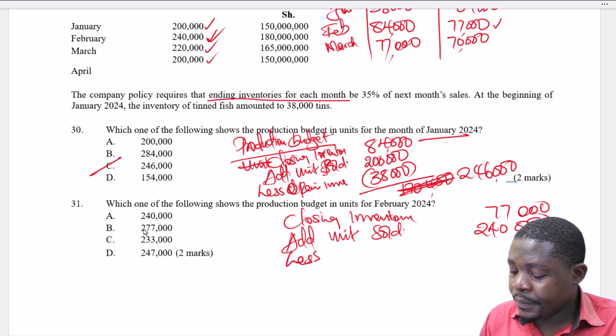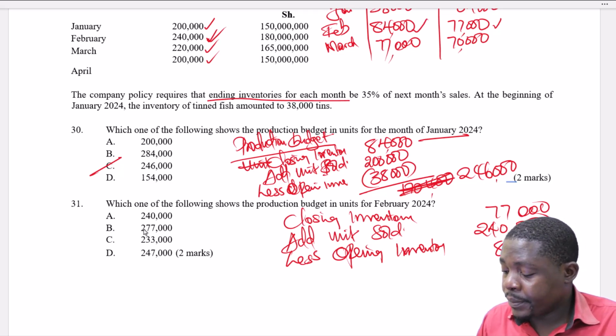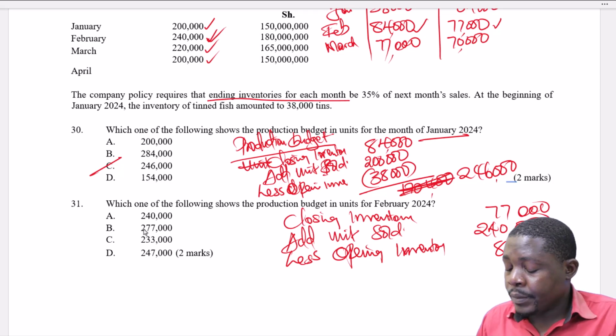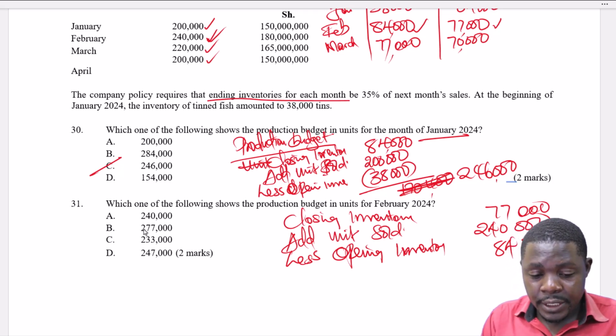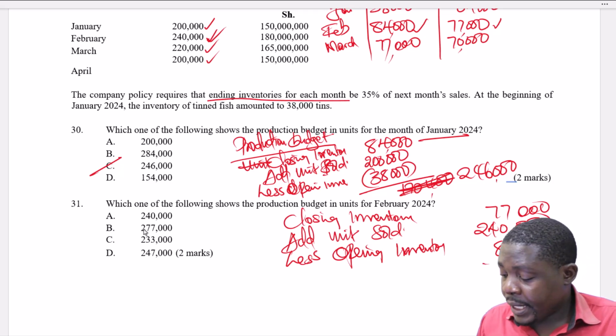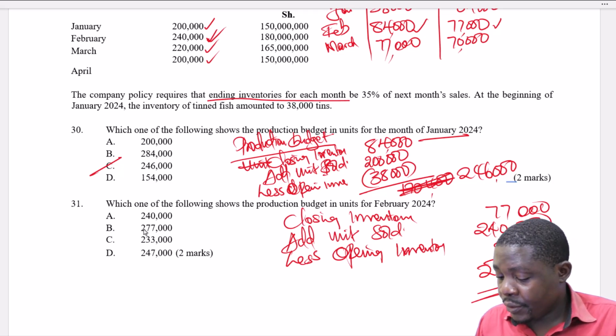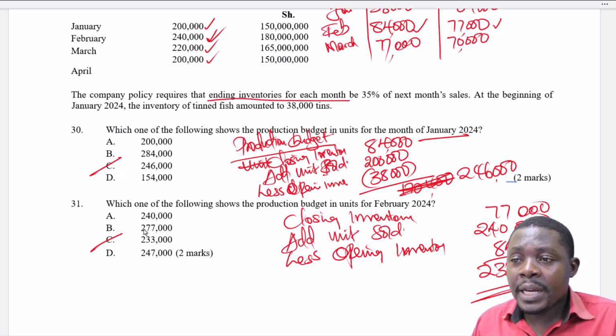Less opening inventory, which was 84. Therefore, we take 77, add 240, and minus 84. You get 233,000. Do you have 233,000? Yes, C.